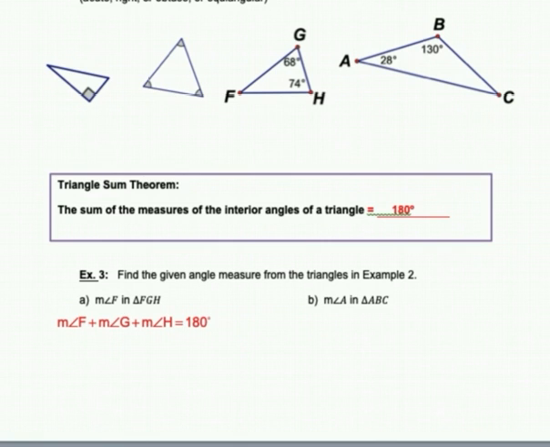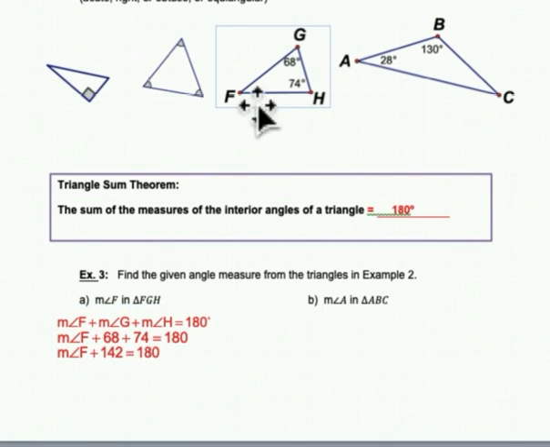So the measure of angle F plus the measure of angle G plus the measure of angle H equals 180 degrees. And I already know that the measure of angle G is 68 degrees and the measure of angle H is 74 degrees. So I will substitute 68 degrees in for the measure of angle G and 74 degrees in for the measure of angle H. My next step is to combine my like terms. 68 plus 74 is 142.